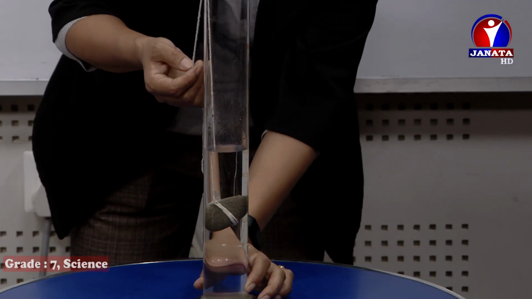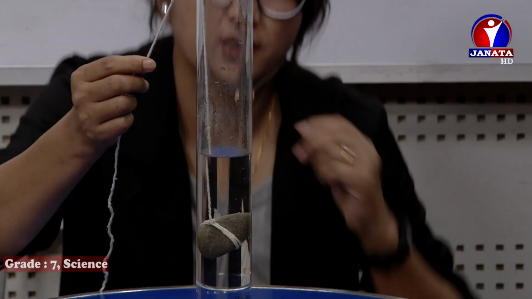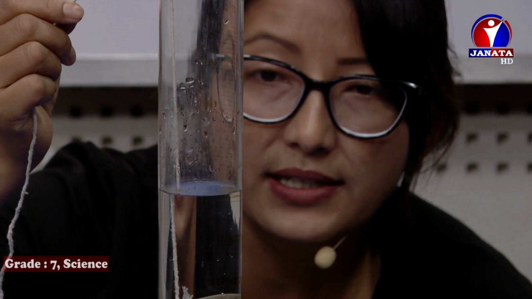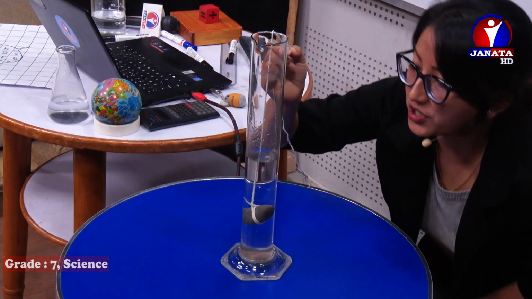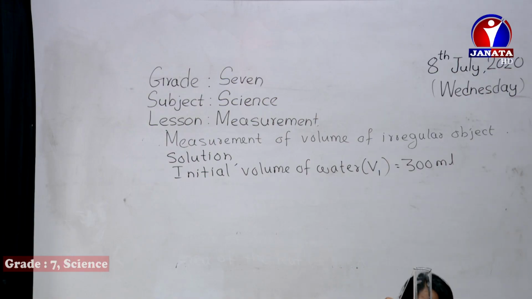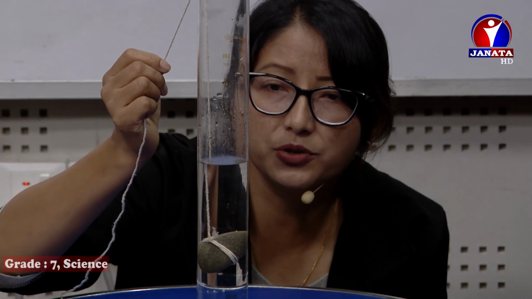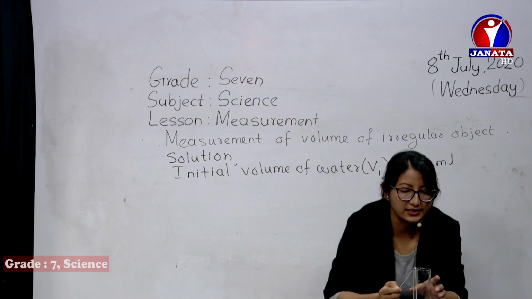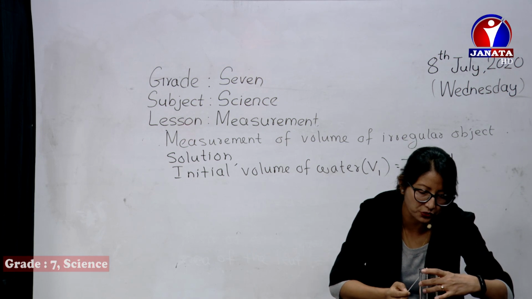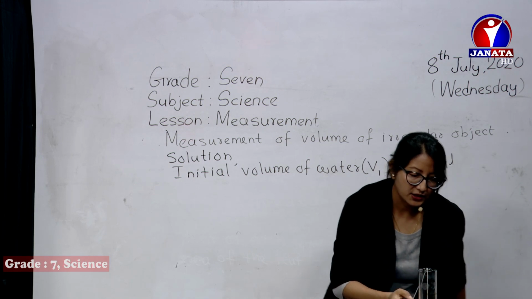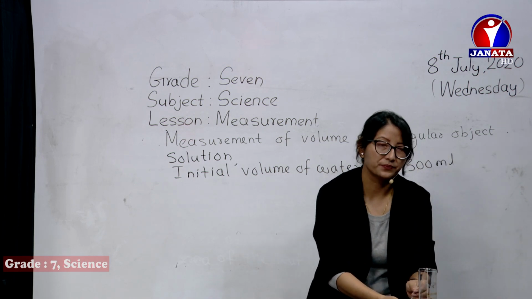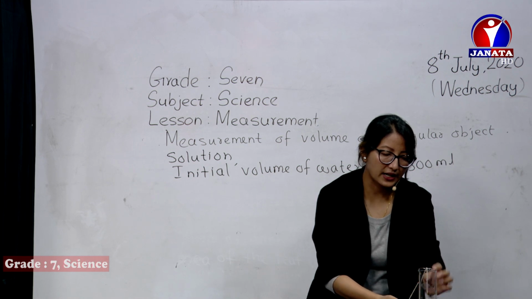I'll record it from my point of view. It's exactly 310, 320, 330 and 340. 1, 2, 3, 4, it has already crossed 4 lines. You can check over here, it's 340 ml.